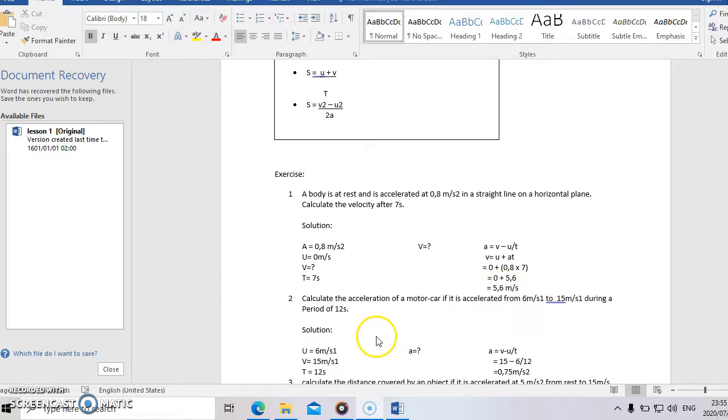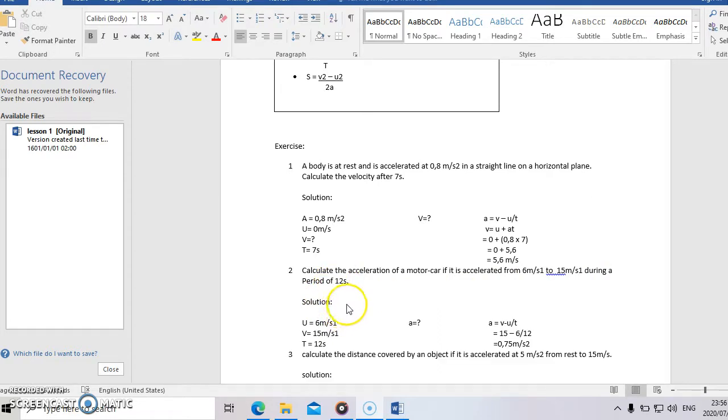A second example: calculate the acceleration of a motor car if it accelerated from 6 meters per second, which is our initial velocity, to 15 meters per second, which is our final velocity, during a period of 12 seconds.